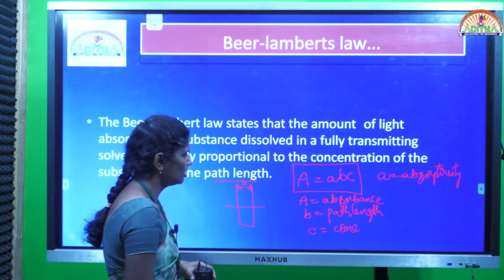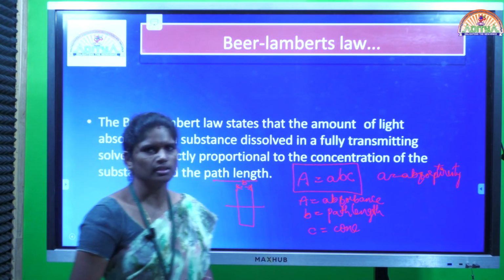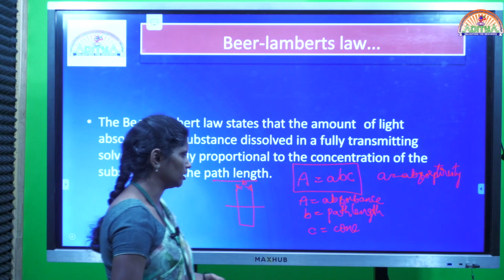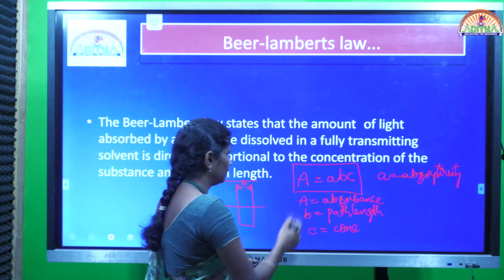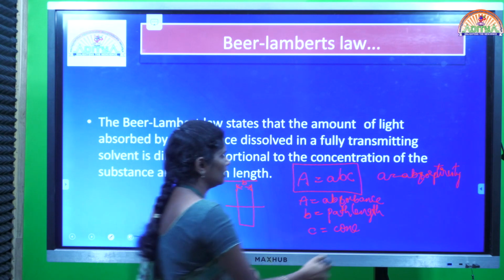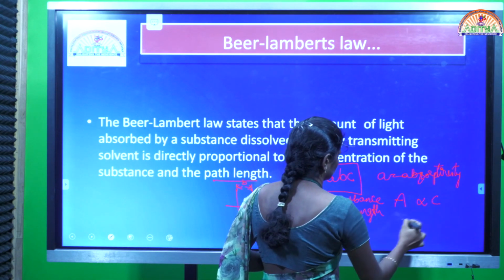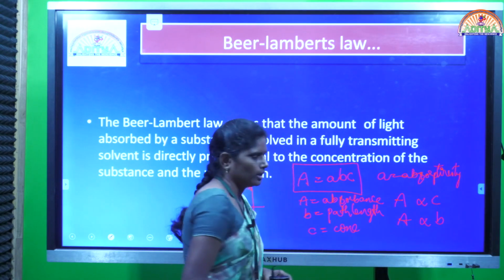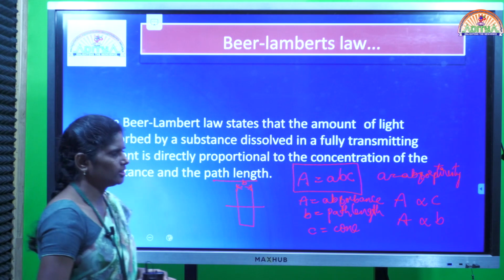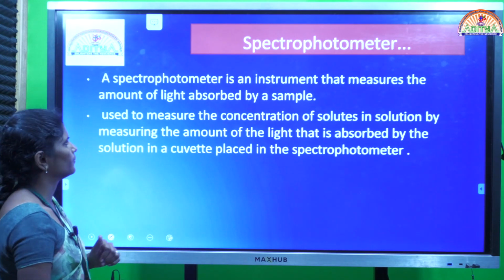As you can see here, the absorbance is always directly proportional to the path length as well as to the concentration. With increase in path length, absorbance increases. With increase in concentration, the absorbance increases. So A is proportional to the concentration as well as to the path length of the sample cell.